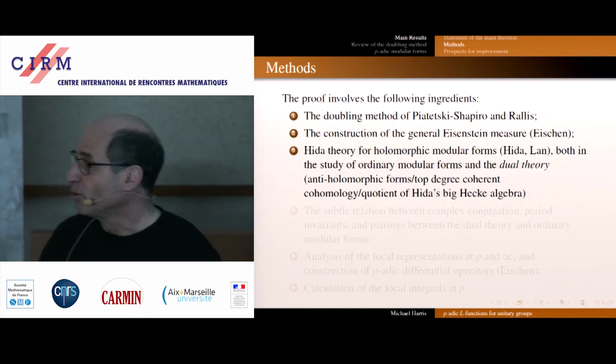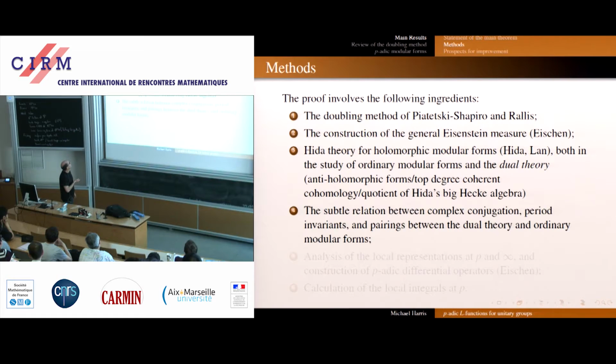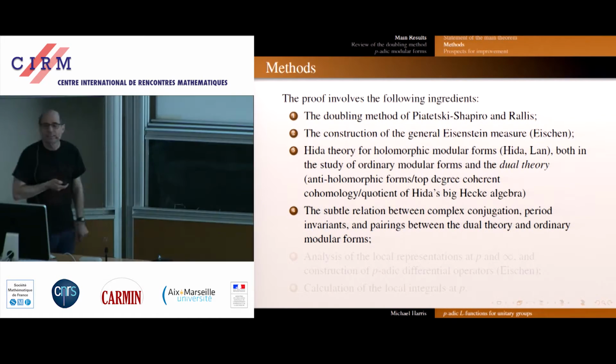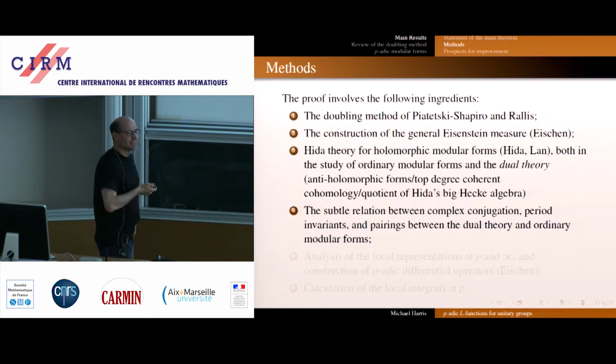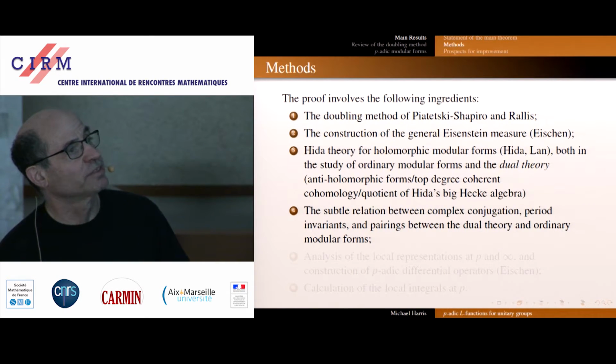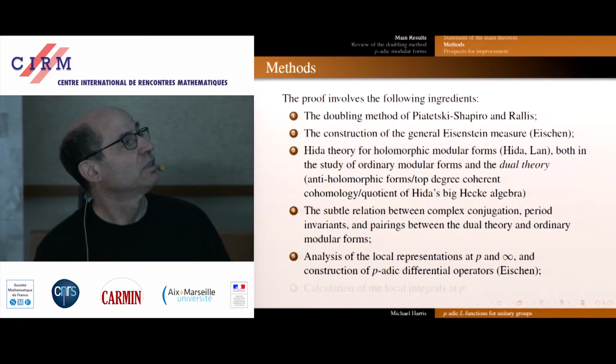But it's also, and this is essential, what you get by taking the quotient of Hida's big Hecke algebra. And then there is something that is so subtle that there's some disagreement among the authors as to just how subtle it is, between complex conjugation, period invariance, and the pairings between the dual and ordinary forms.